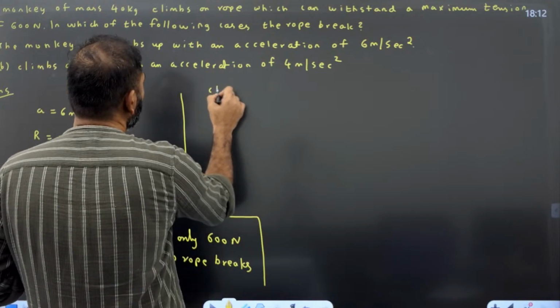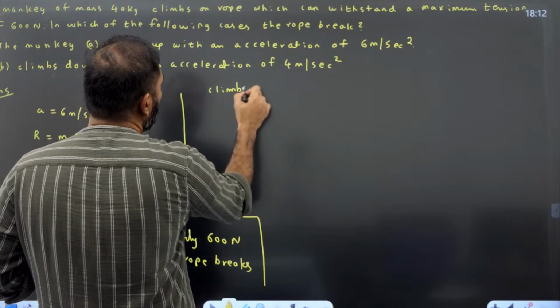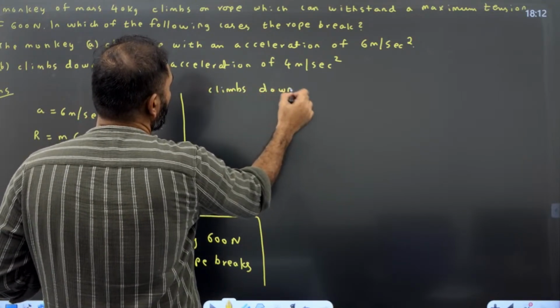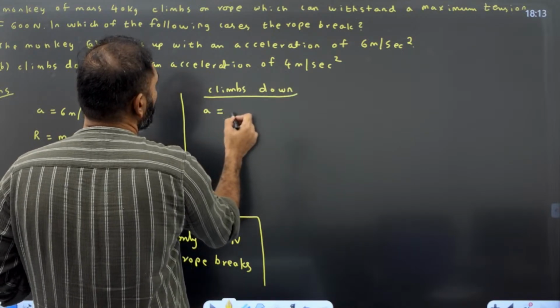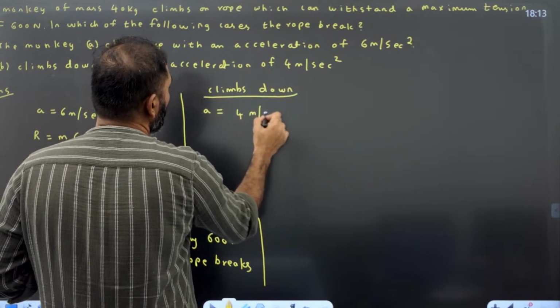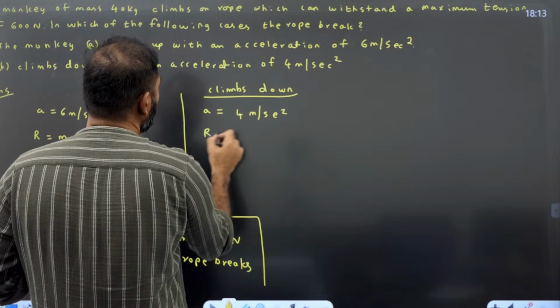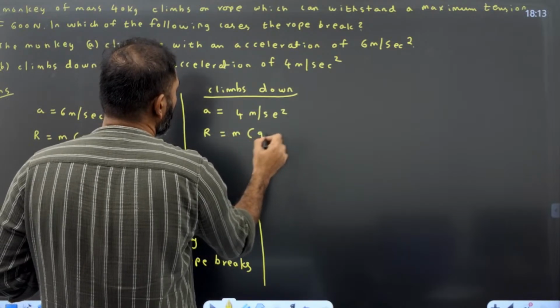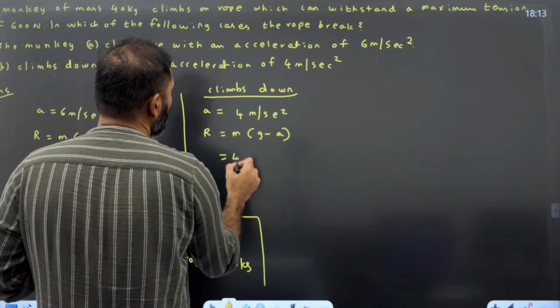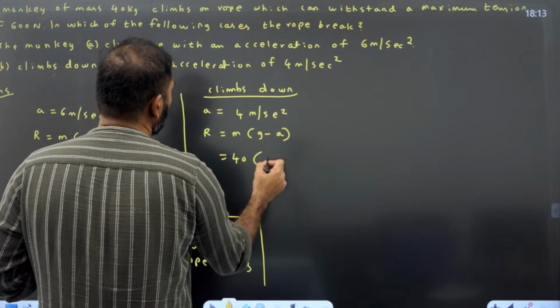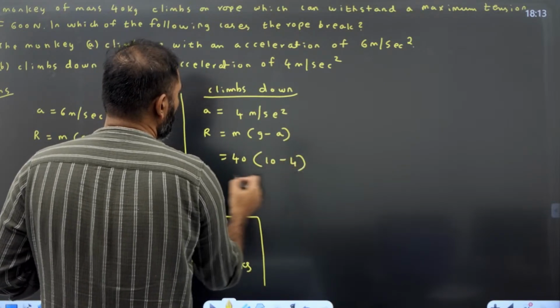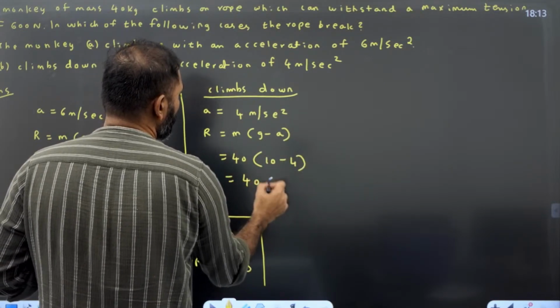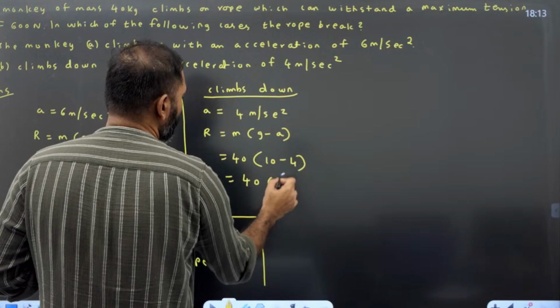Climbs down. Monkey climbs down means the acceleration is 4 meter per second square. So the normal reaction is m into g minus a. So 40 into 10 minus 4, that is 40 into 6.